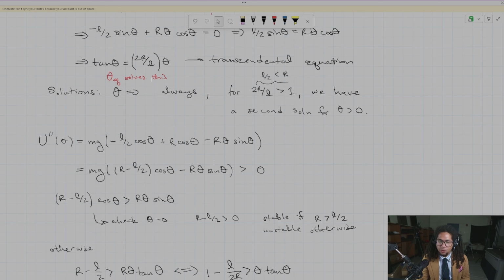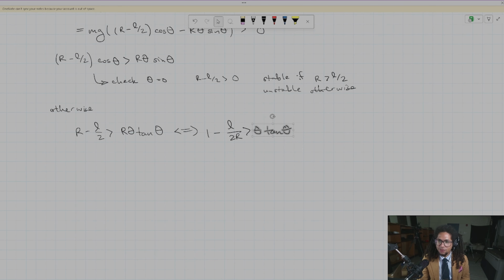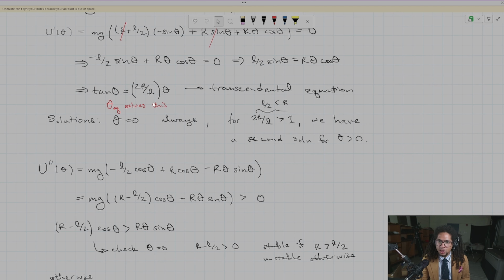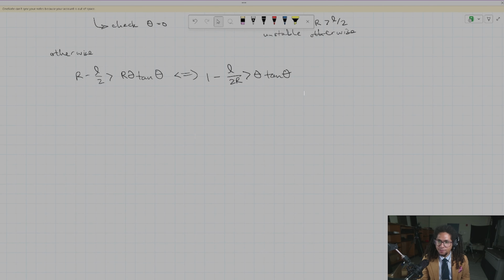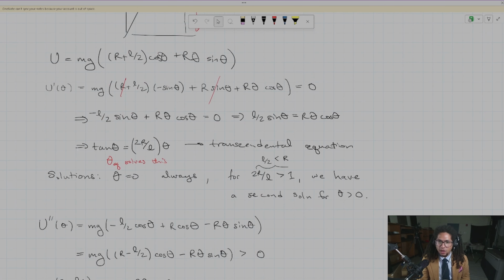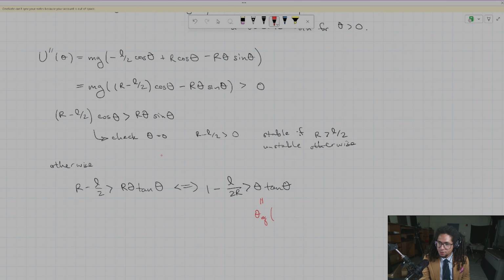So for theta equilibrium, I can stick in, for tan theta, my 2r over L theta equilibrium. So this is equal to theta equilibrium times, is it 2r over L or L over, yeah, 2r over L, over L times theta equilibrium.